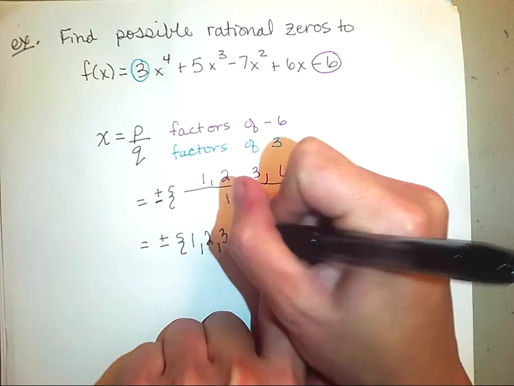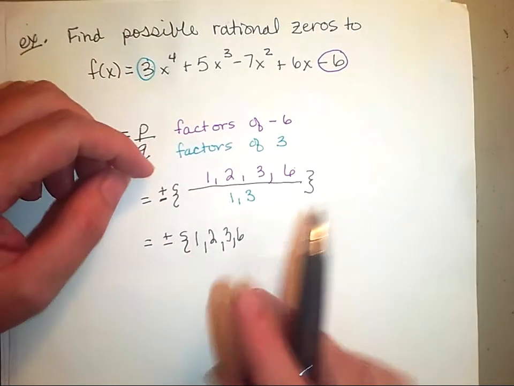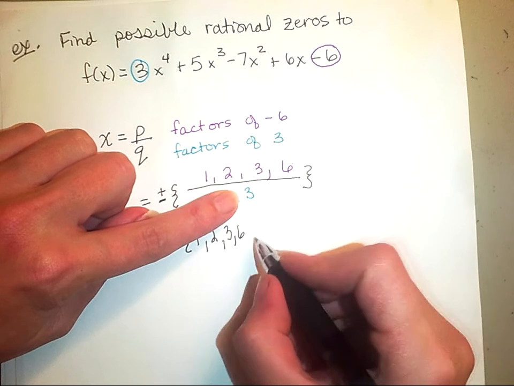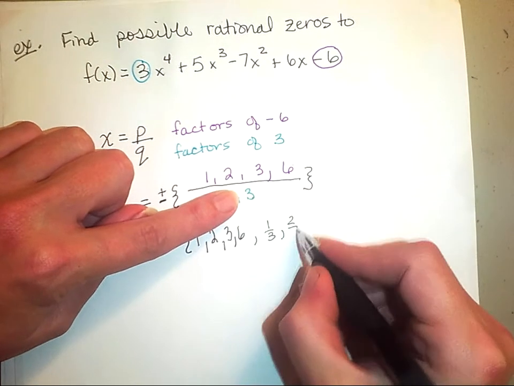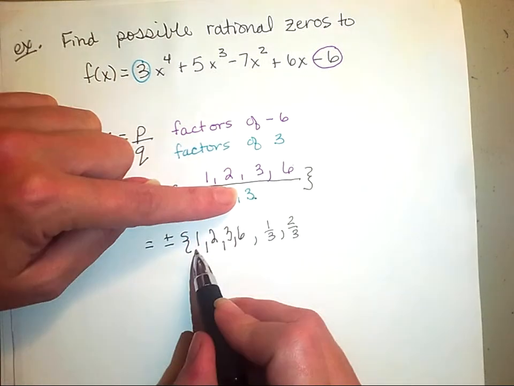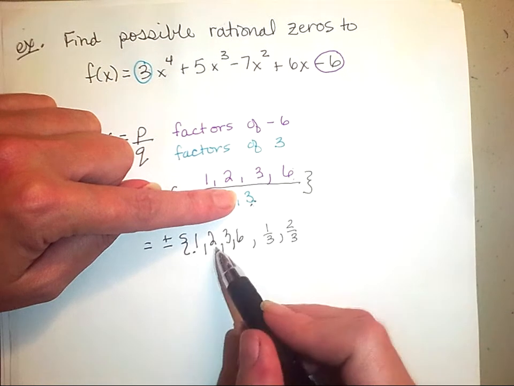So that's just from the first division. Now, it could also be that they could be 1/3, 2/3, 3/3. Well, 3/3 is 1, so we already have that. Or 6/3, and 6/3 is 2, so we already have that listed.